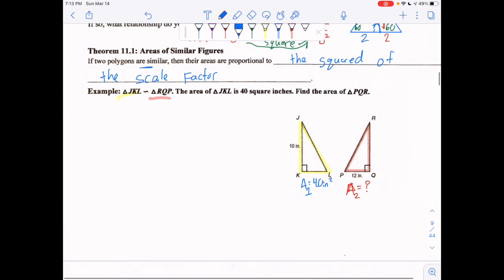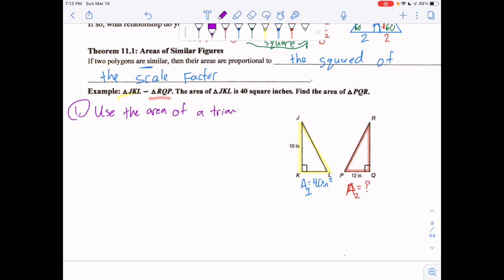So I kind of write down the steps here for you guys. Step 1, you want to use the area of a triangle to find the base. In this case, the base for this triangle is here.